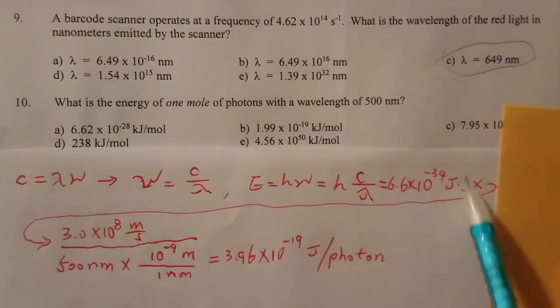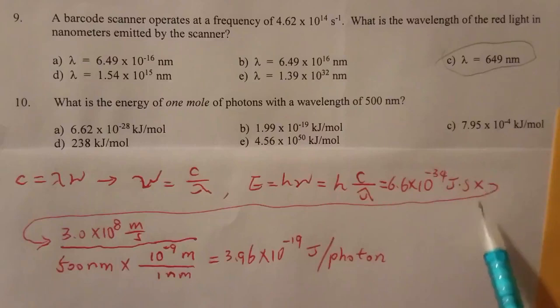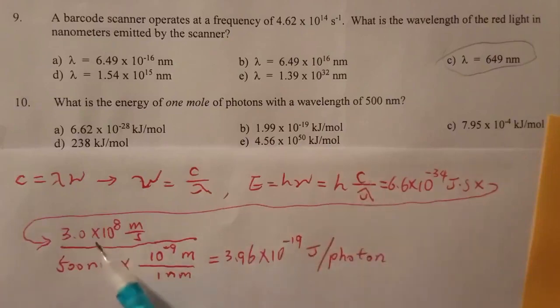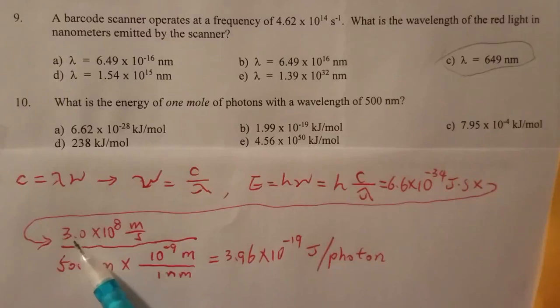Then multiply by c over lambda. c is the constant, the speed of light, 3 times 10 to the 8th meters per second.